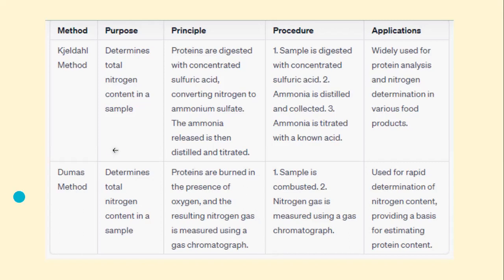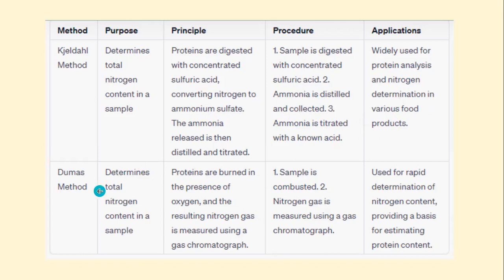When you get the amount of nitrogen, you multiply it by 6.25 and you get how much protein is there in the sample. So the sample is first digested with concentrated sulfuric acid. Then ammonium sulfate is produced, and then the ammonia is released, distilled and titrated, and you get how much nitrogen is there. From that, you will get the amount of protein.